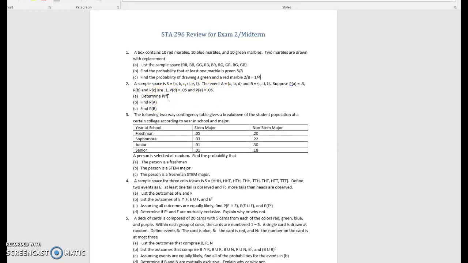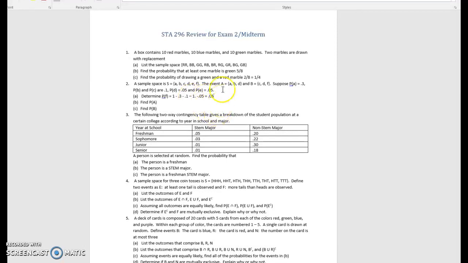Now remember that the probabilities in a sample space have to add up to 1. So all we need to do to figure out the probability of F is to subtract all the probabilities we have from 1. So we want to subtract off 0.3, 0.1, 0.1, 0.05, and 0.05.